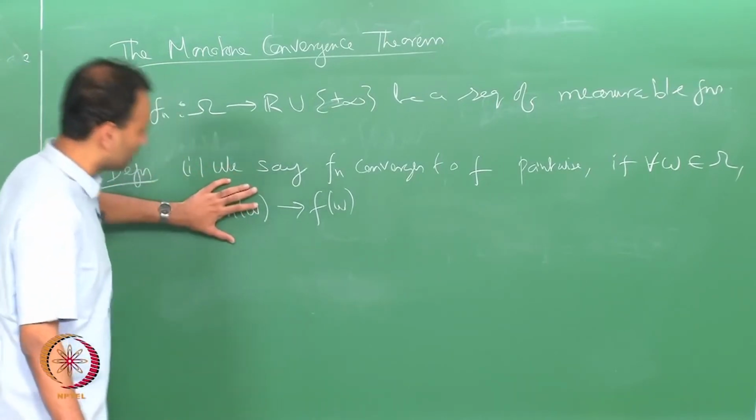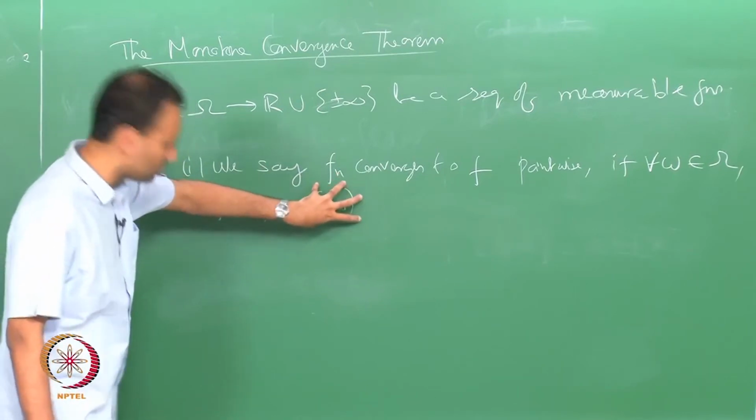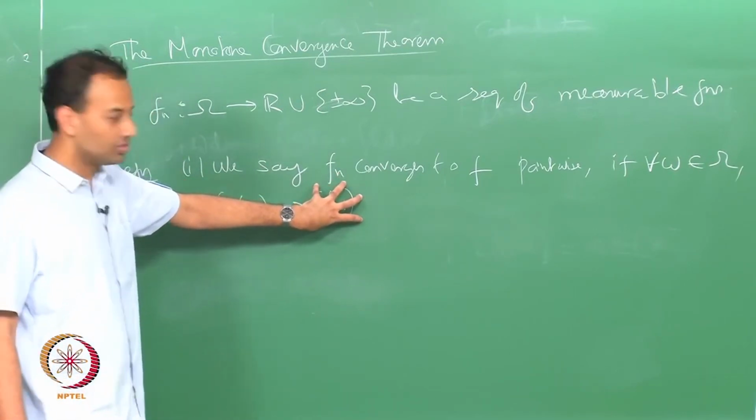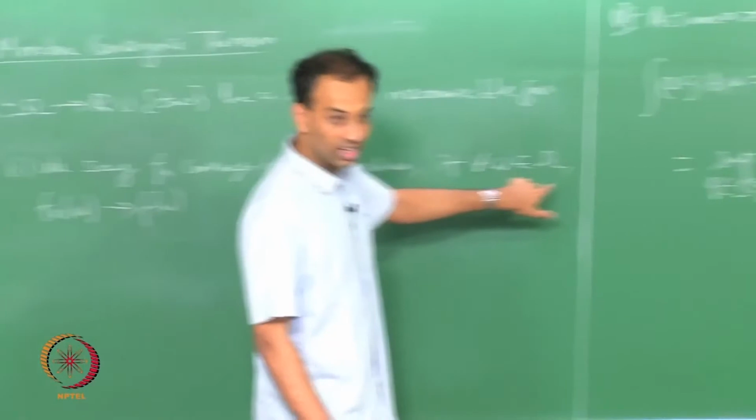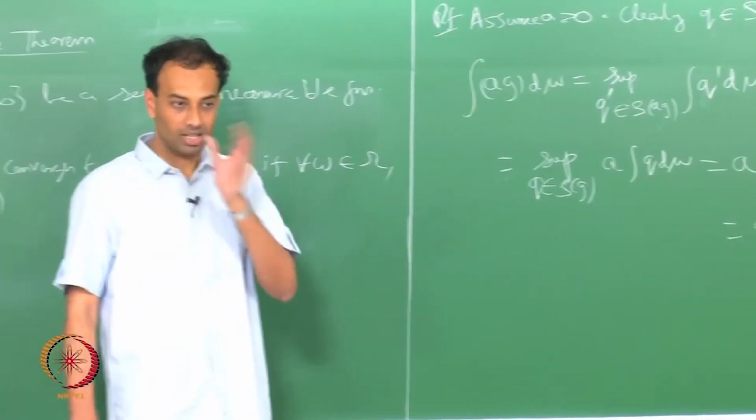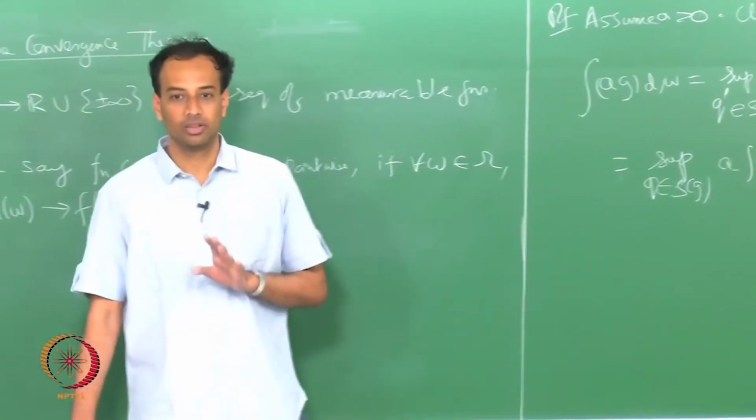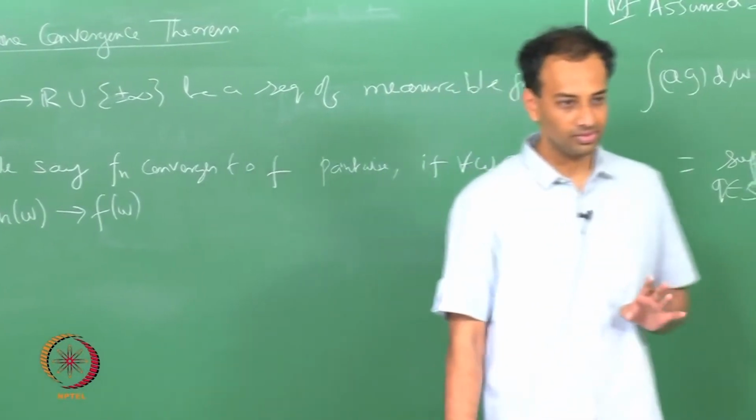If that sequence converges to the real number f of omega, and if this holds for every omega in omega, then we say f n converges to f pointwise.